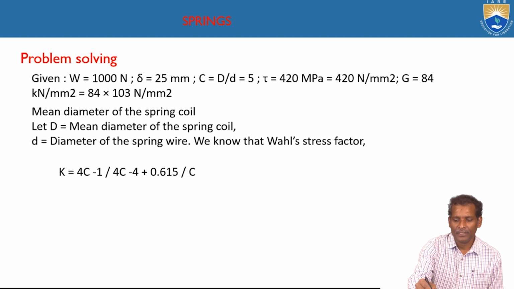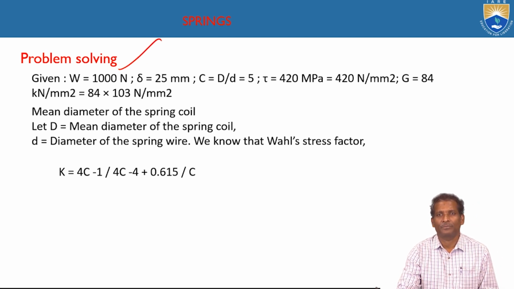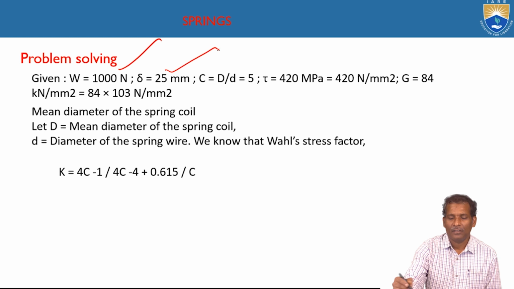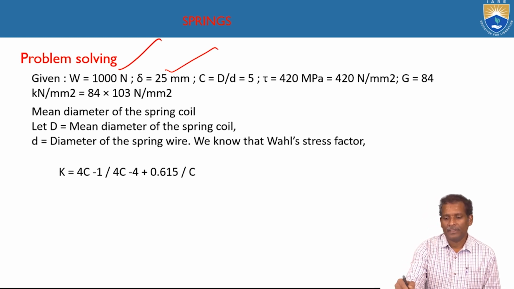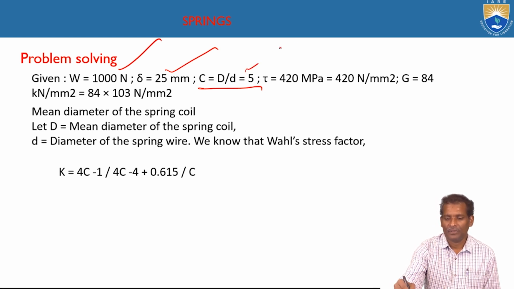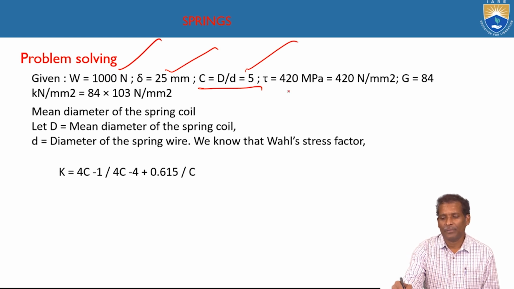So the given load is 1000 Newton. This is the axial load, and delta is 25 mm and C is 5. So you know the spring index is the ratio of mean coil diameter to wire diameter. So given 5. And shear stress is 420 megapascal.